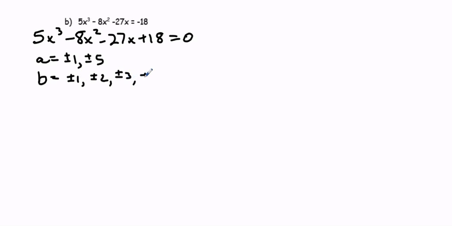This is going to be ugly. Plus or minus 6, plus or minus 9, and finally plus or minus 18. So there's a lot of possibilities here. We're going to have all of these, of course, because one of our a's is 1. But we're also going to have, so I can write those out.